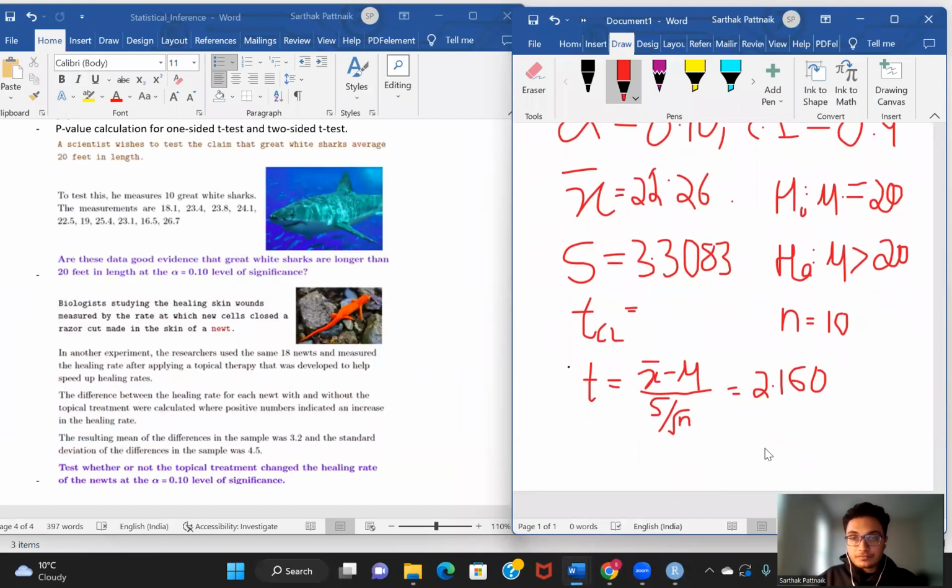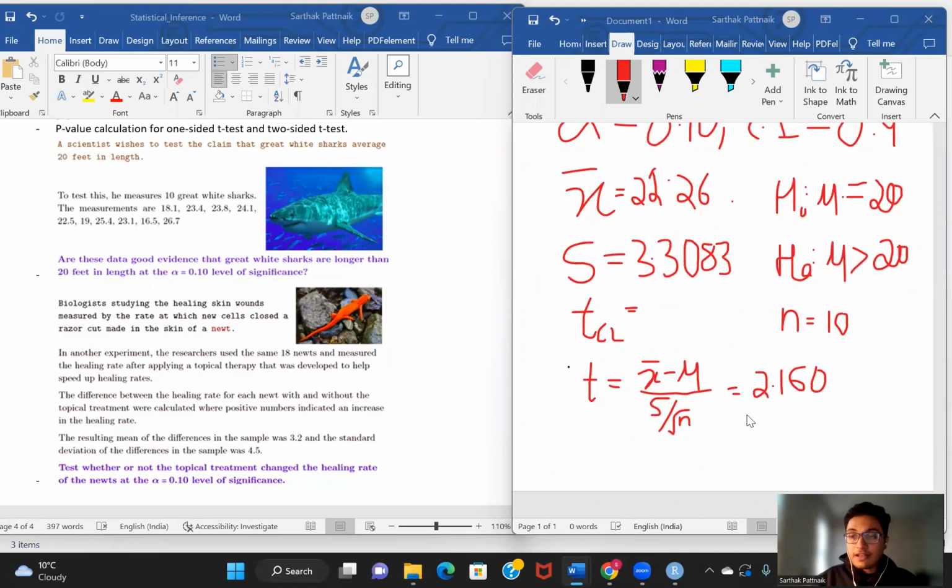Okay. Now what is the critical t value? To calculate the critical t value, I know my significance level is 0.1, my confidence level is 0.90, and because this is a one-sided test, I need to find my critical value where the area towards the left is 0.9.